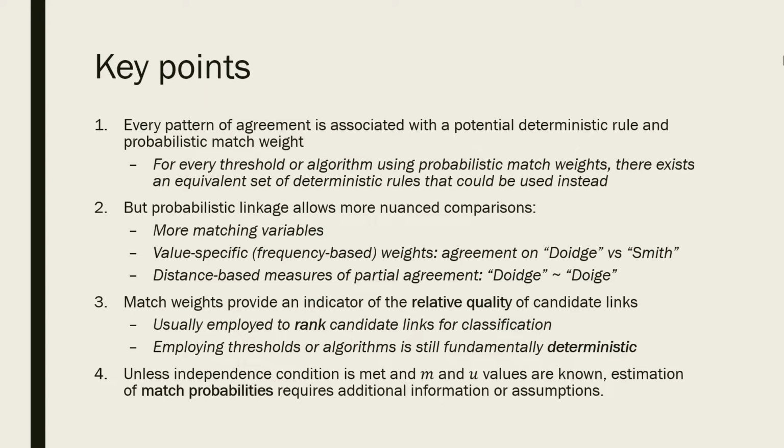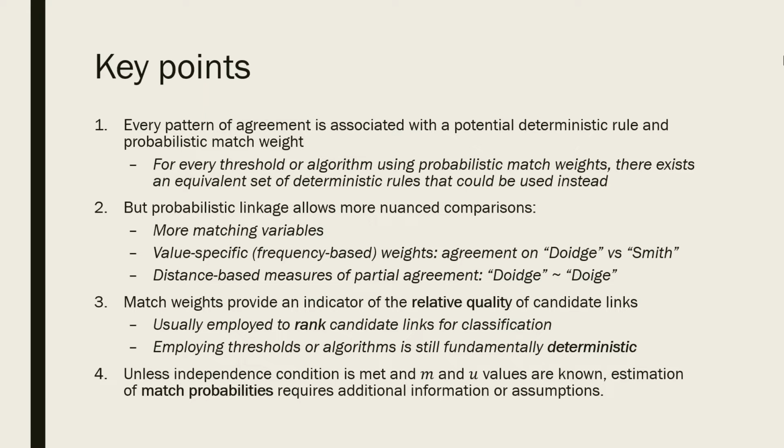And this classification, this employing thresholds and algorithms to identify the best links from probabilistic match weights, reduces the whole procedure to being fundamentally deterministic once more. And so later Harvey's going to introduce some ideas about how we can make better use of that information about match weights without necessarily classifying everything as definitely a link or not.